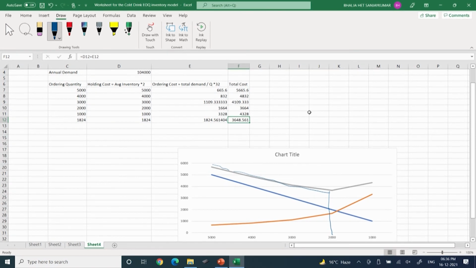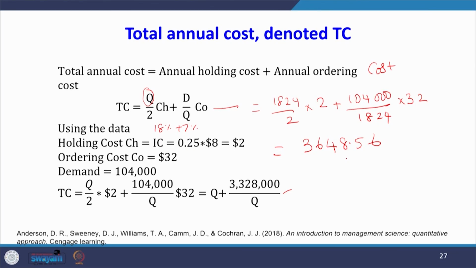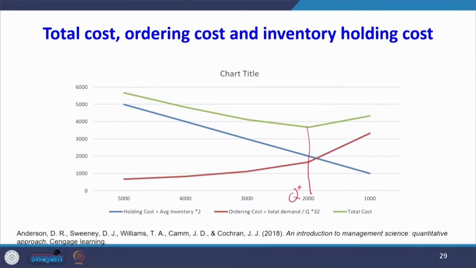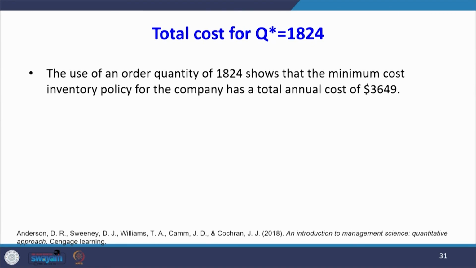So, how can I get this 3648? I will go back to my presentation. When I substitute the value of Q as 1824, I am getting the total annual cost as 3648. So, this value we have verified with the help of Excel also. So, what we are concluding: the optimal order quantity is 1824 units.